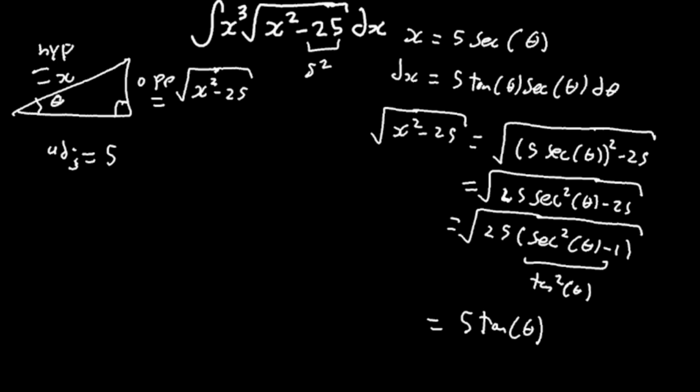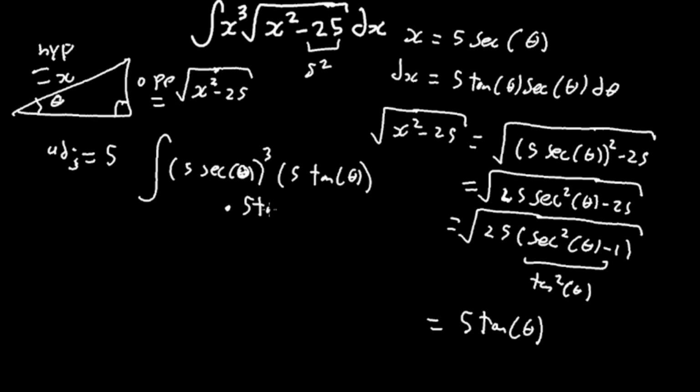So this is going to become the integral of 5, we substitute x equals 5 secant theta, 5 secant theta whole thing cubed, times, we know the square root is just 5 tangent theta, and then times our dx, which is times 5 tangent theta secant theta d theta.